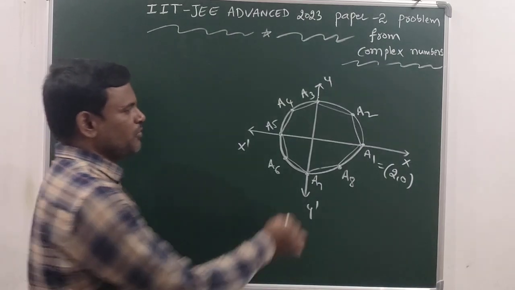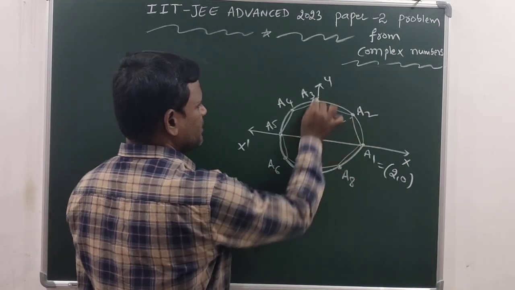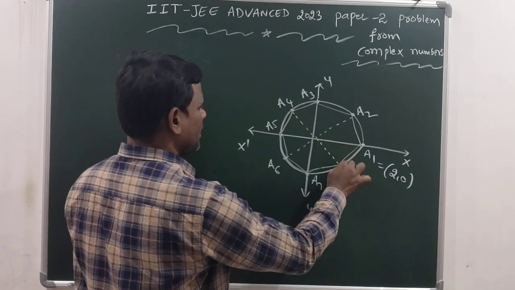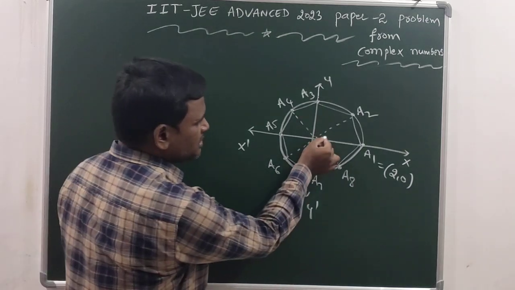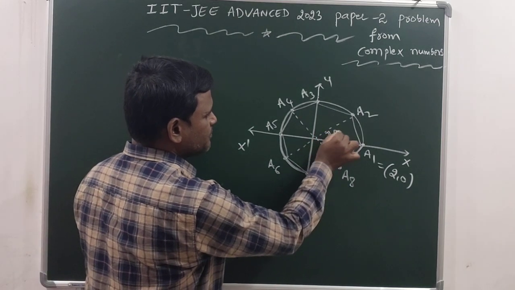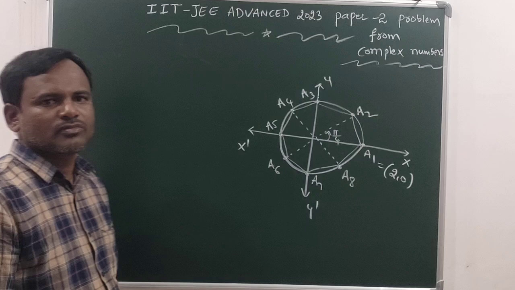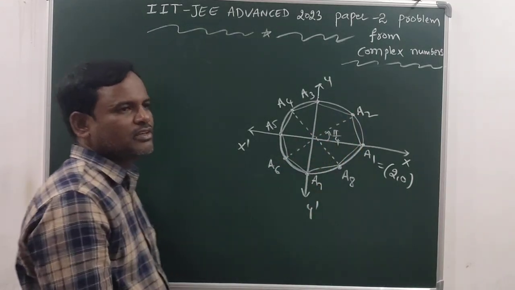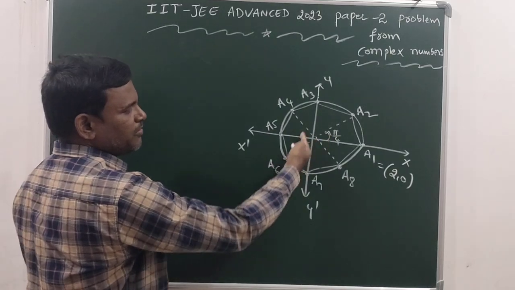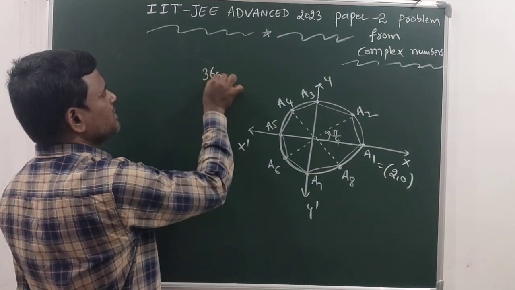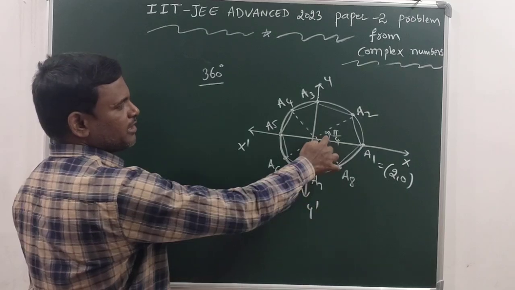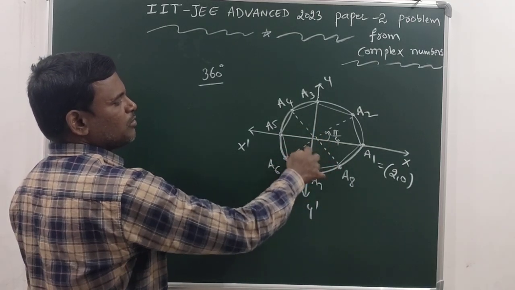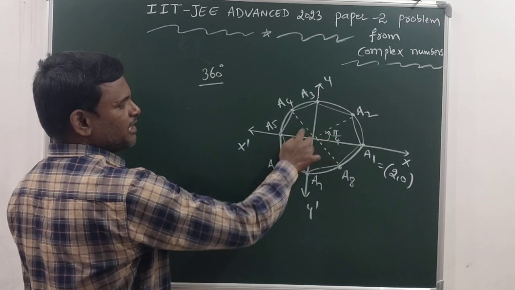Now if you want, connect A2, A3 already connected, A4, A6, A8. So this angle is 45 degrees. The argument of this complex number is 45 degrees because if you complete one rotation, then we rotate 360 degrees, and here 1, 2, 3, 4, 5, 6, 7, 8, 8 angles are there around the origin in these 8 triangles.